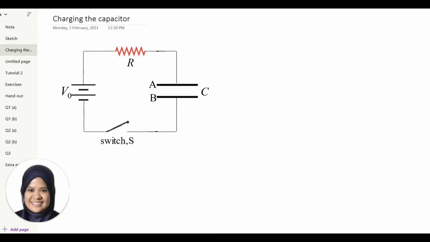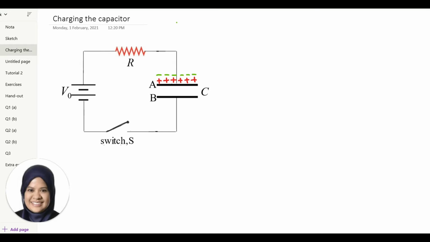Maksudnya kalau saya ada 5 charge positif at plate A, we also have the same amount of negative charge, so that the plate is neutral.